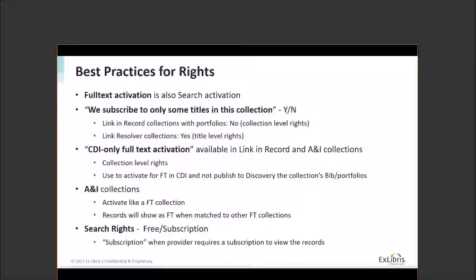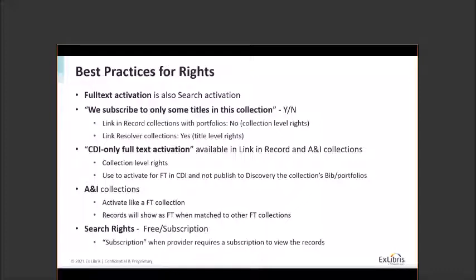You can say that you need to activate ANI collections for search, because records will show as full text only when they match to other full text collections. The ANI collection itself does not have the full text. It will show a full text only when they match to another subscription with full text.